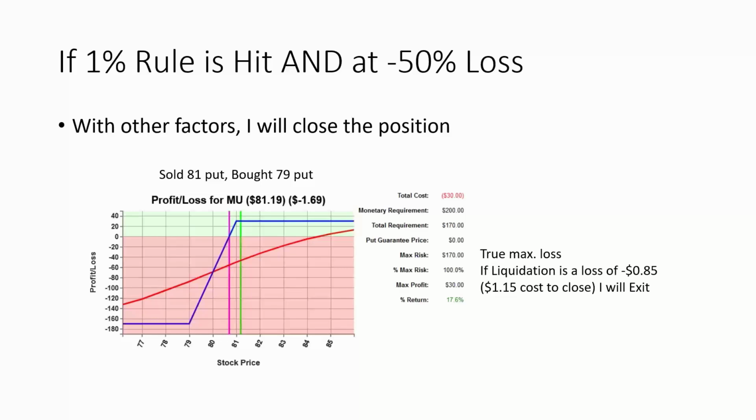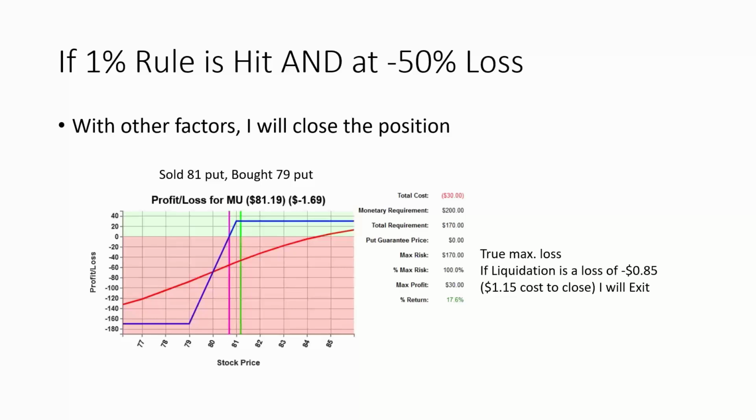But now that the stock's at 81.19, it's within my 1% of, what would it be in this case? 81.80. Just like 70 would be at 80.81. Okay? $80.81. Stock's now at my 1% rule and breached it. It's still out of the money, slightly.